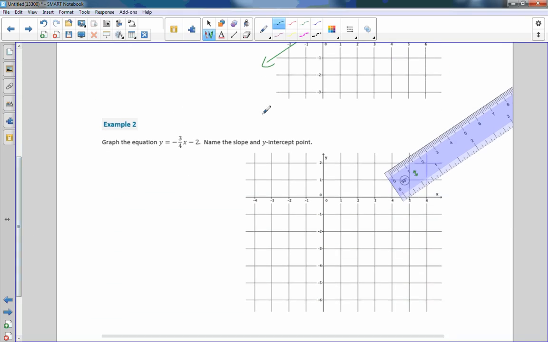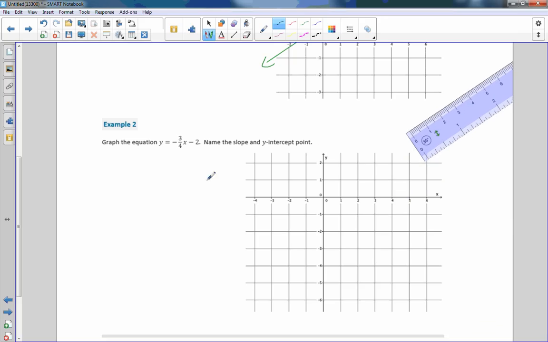Okay, number 2, example 2. Graph the equation y equals -3/4 x minus 2. Always start with the y-intercept. So my y-intercept point, remember when it says y-intercept point, it wants the point, and it's the point (0, b), which is -2, which means right here we're going to go down to -2 on the y-axis.